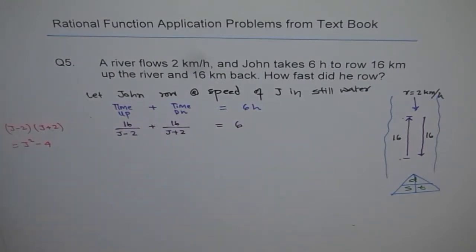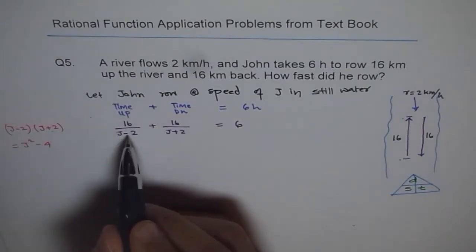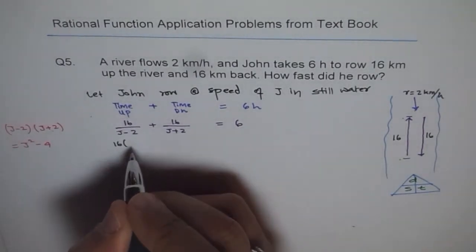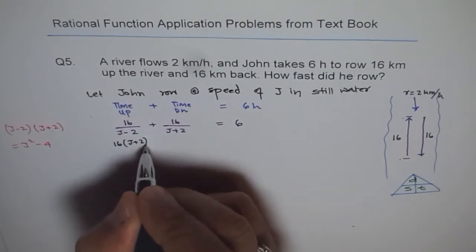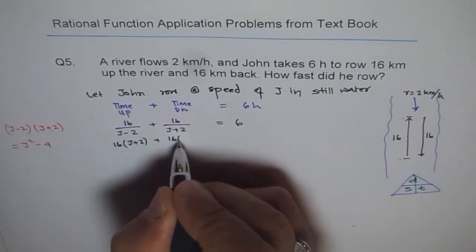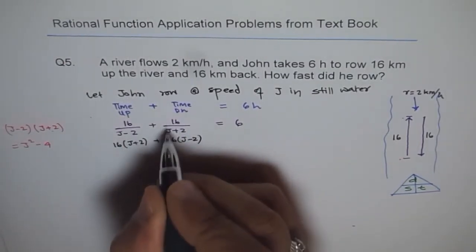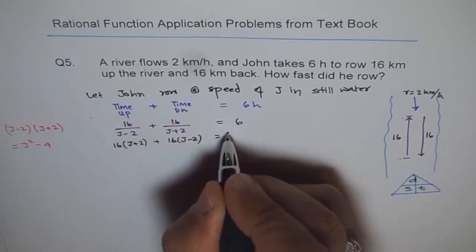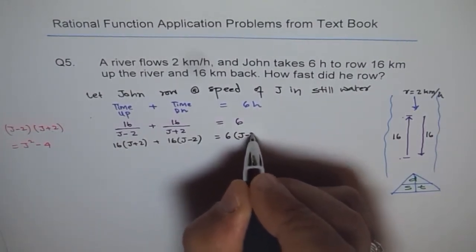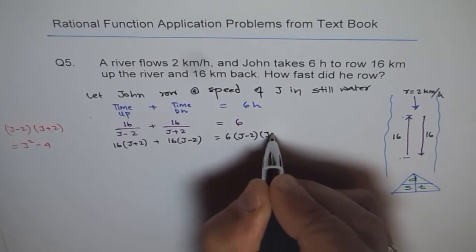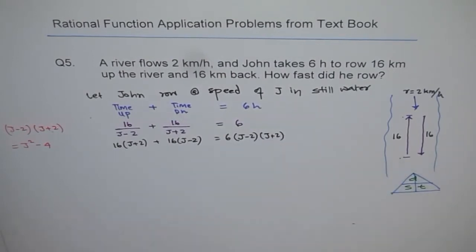When we multiply, we get 16 times J plus 2 here, and 16 times J minus 2. In a way, it's cross multiply, which is 6 times J minus 2 times J plus 2.